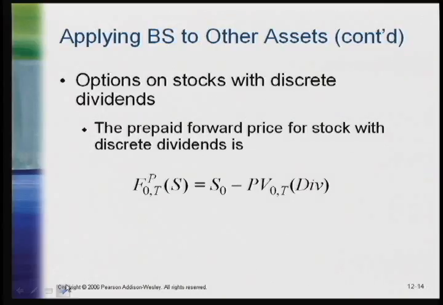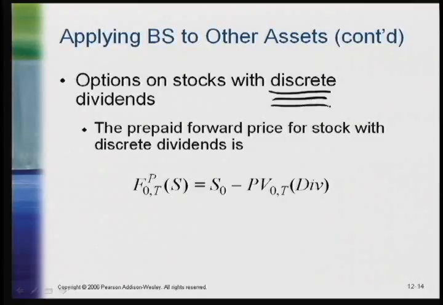To apply these formulas now, all we need to do is write down the formulas for the prepaid forwards. So for example, if we're dealing with options on a stock with discrete dividends, then the prepaid forward is the stock price minus the present value of dividends.